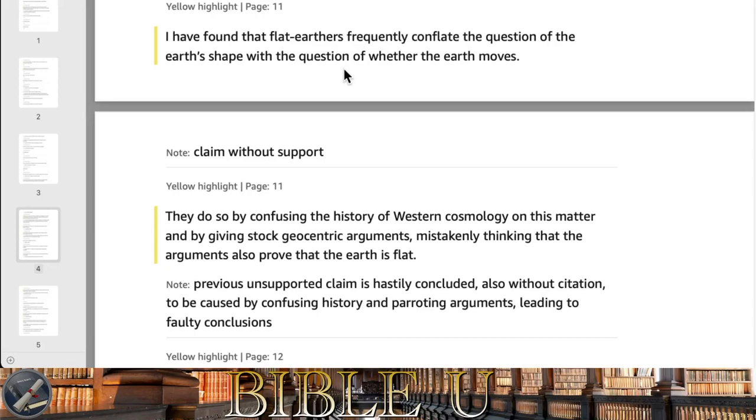I think it's what we call ball earthers trying to pretend that they are arguing as a flat earther and coming up with these conclusions on their own, because everybody in the flat earth community that I've ever met knows the difference. And many say, we insist that there is no shape being claimed.